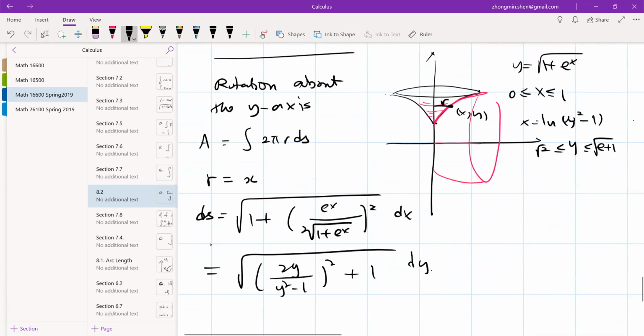So ds is the same ds. The only difference is the r, because the r could be x, and x can be the natural log of y squared minus 1.